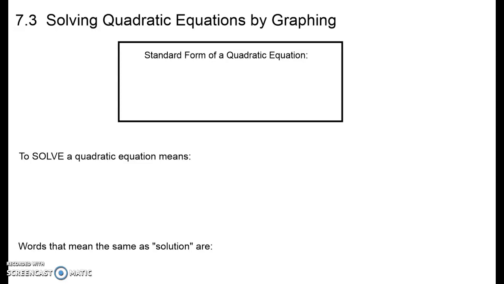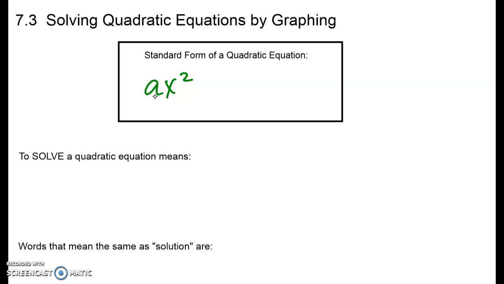Okay, let's get started. First of all, standard form of a quadratic equation, that should be becoming like old hat for you, meaning you should know what that is off the top of your head without thinking too hard. Quadratic means it's got a variable squared in it. We usually say it's ax squared, where the a is any number not 0.